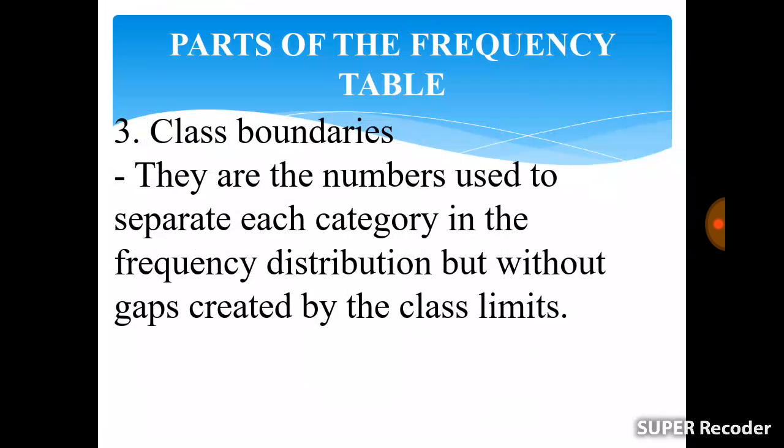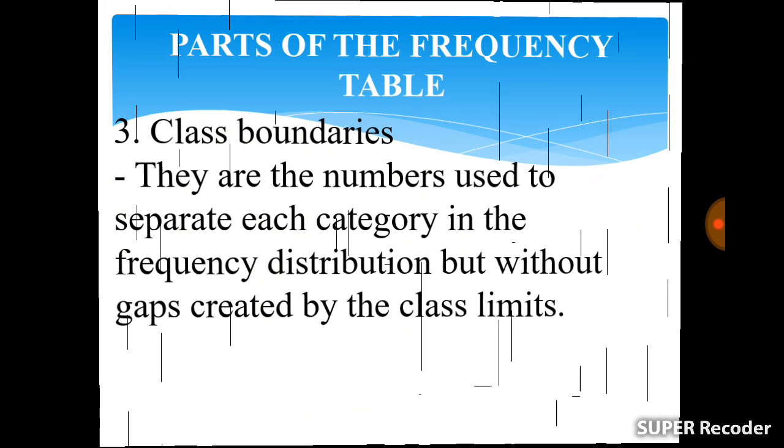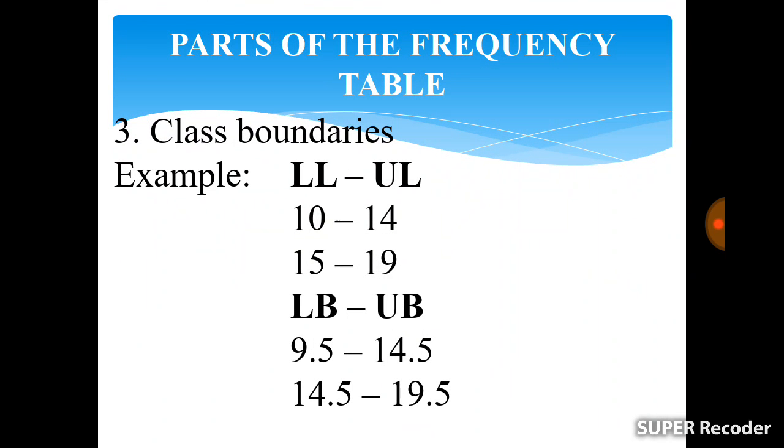So we have also here the class boundaries. So they are the numbers used to separate each category in the frequency distribution, but without gaps created by the class limits. So let's see if we have an example here. Okay, so given examples of lower limits and upper limits.